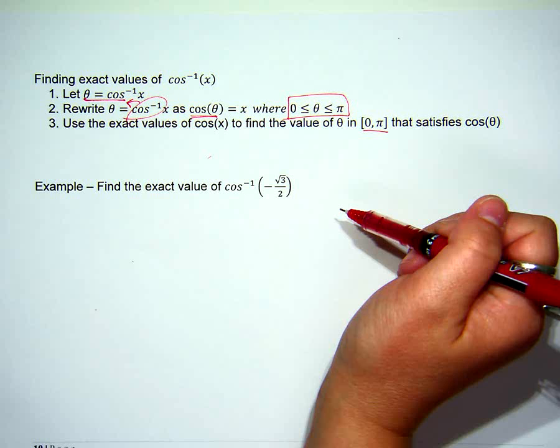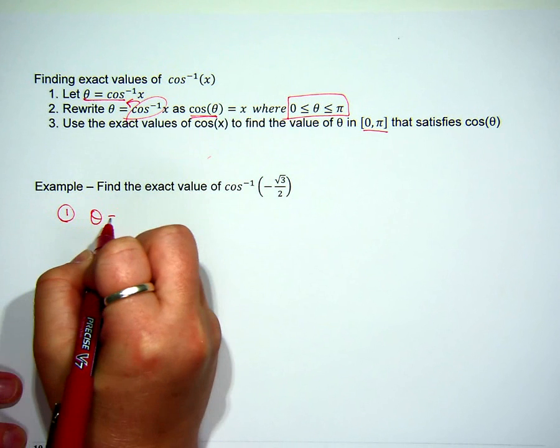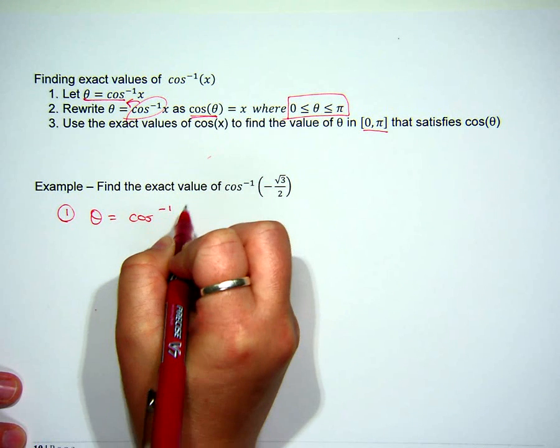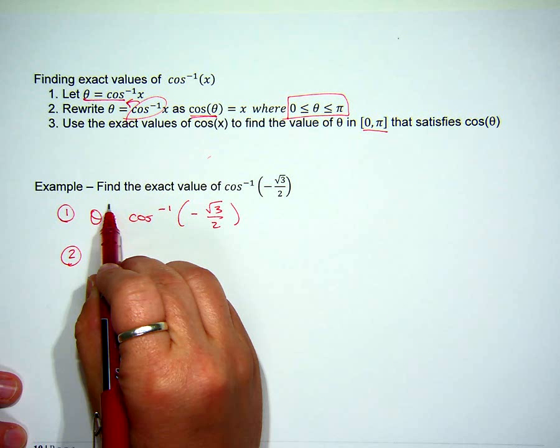So let's look at an example here. Cosine inverse of -√3/2. Step 1, theta equals cosine inverse of -√3/2. Step 2, rewrite. Move that cosine inverse across the equal sign. Move it across, it becomes just cosine.